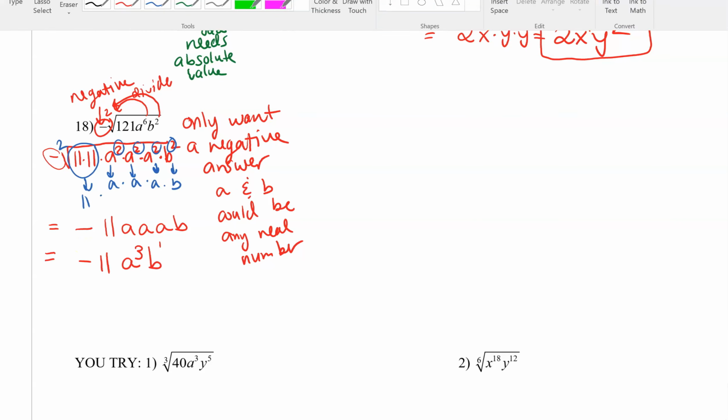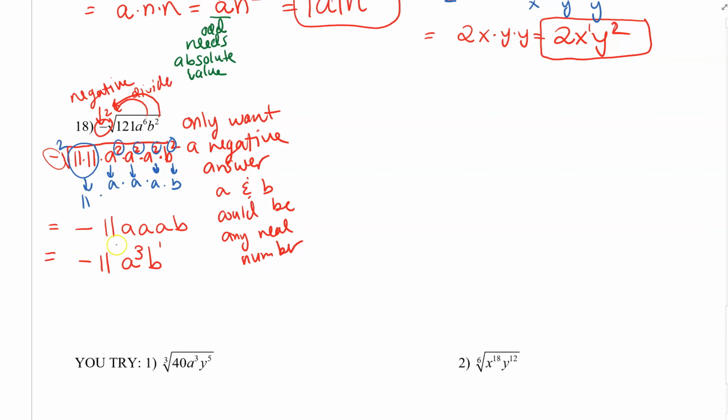So oddly enough, we're going to put absolute value around A cubed B to keep this part positive. If I keep that part positive, then it will keep the entire answer negative. So we keep this part positive to keep the entire answer negative.